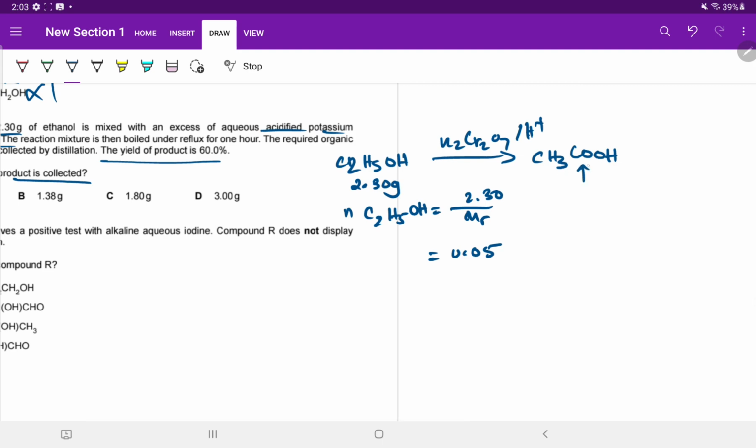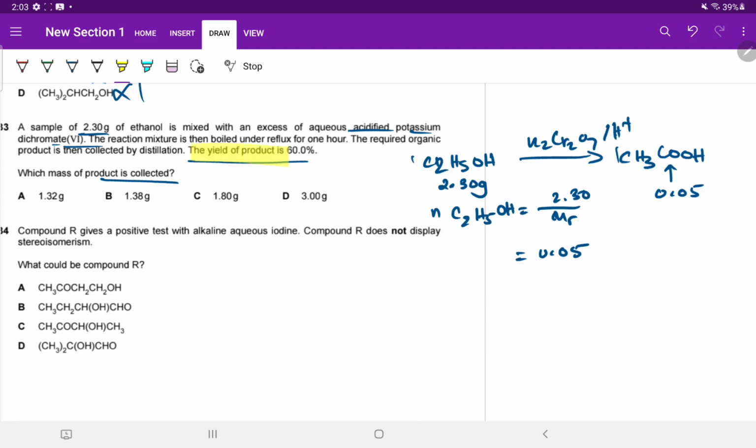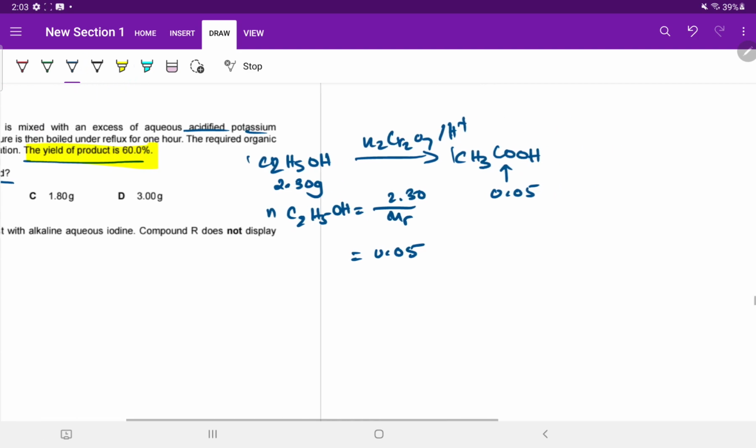So moles of ethanoic acid shall also be 0.05 because of the 1:1 ratio, since 1 ethanol will produce 1 ethanoic acid. Now it says that the yield is 60%, so 60% of 0.05 will give us 0.03 moles.